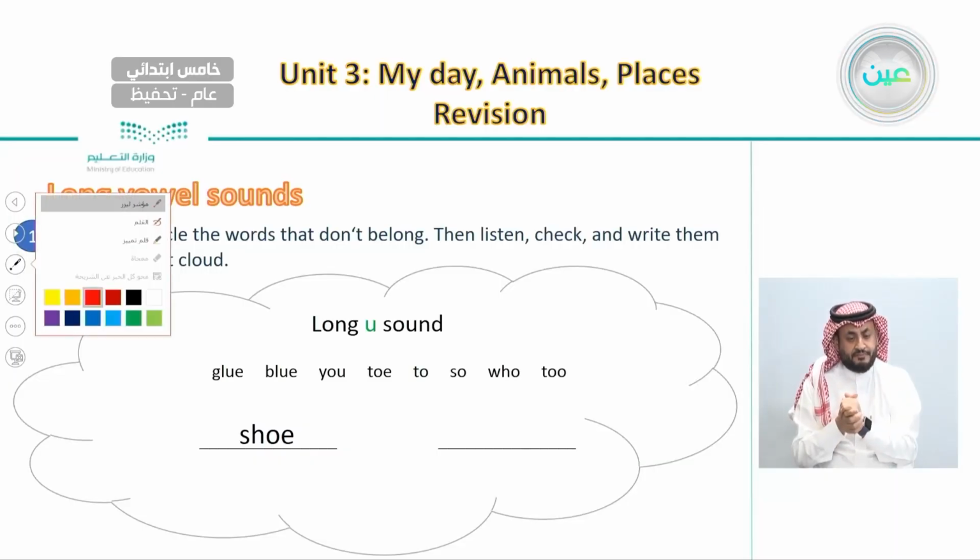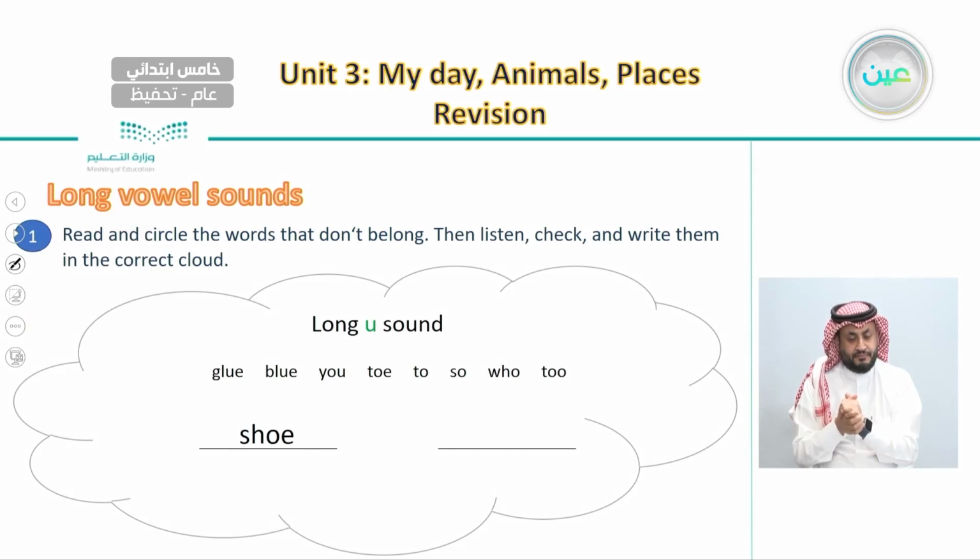So here we have glue, blue, you, to, who, to, shoe, and we have 2 words that do not belong here, which are toe and so. So we circle toe and we circle so. And where do we put them?